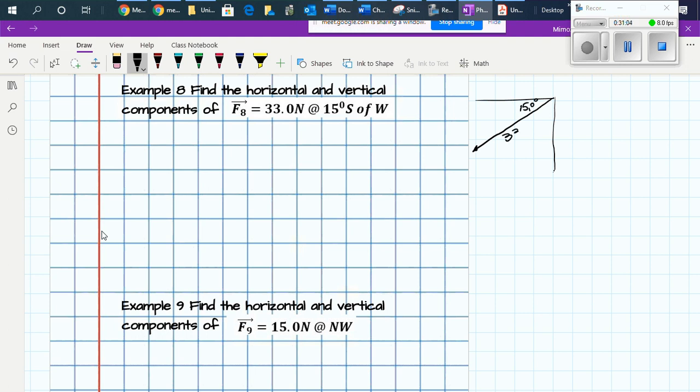And the magnitude of it is 33 newtons, and this is vector F8. Let's create the right angle triangle that includes the given angle. Whatever is on the horizontal is the horizontal component. And whatever is on the vertical is the vertical component.